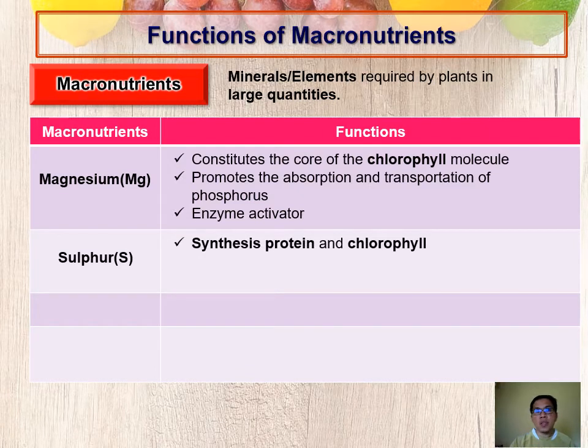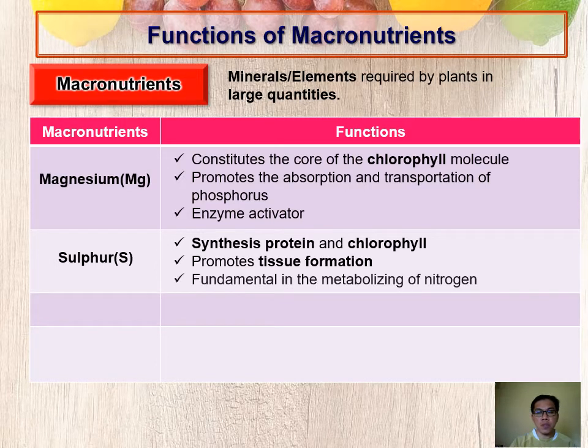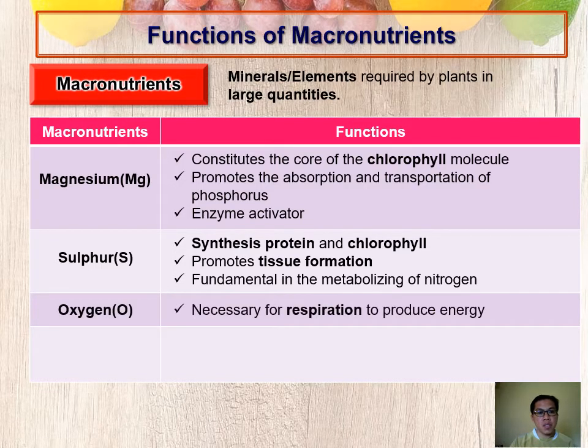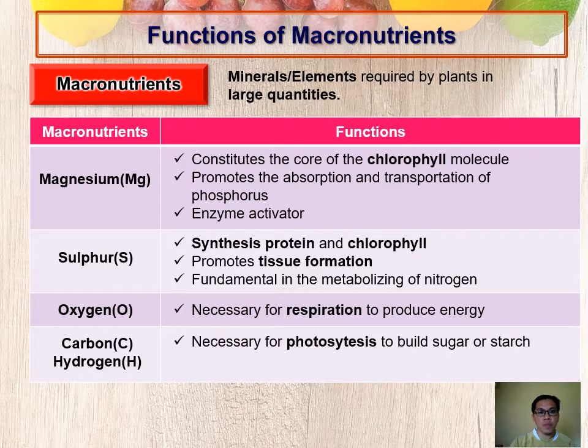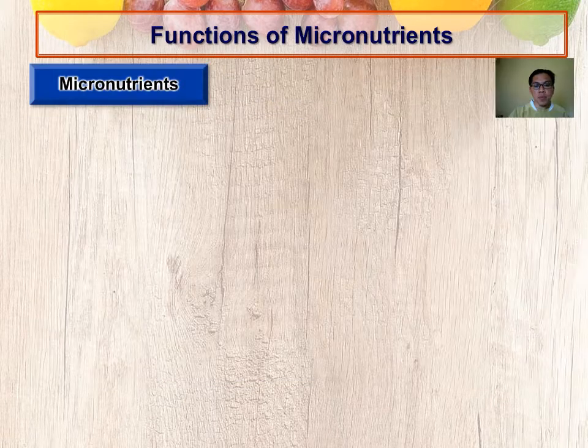Sulfur, the functions are first, synthesis protein and chlorophyll, promote tissue formation, and as fundamental in metabolizing of nitrogen, the oxygen necessary for respiration to produce energy, and the last is carbon and hydrogen, which is important for photosynthesis to build sugar or starch, build cellulose. Okay.